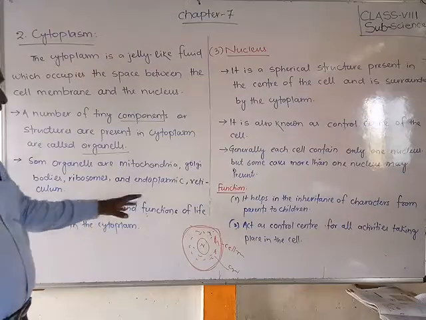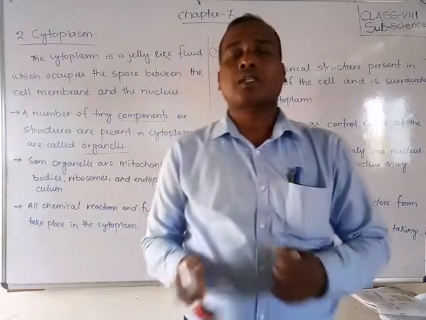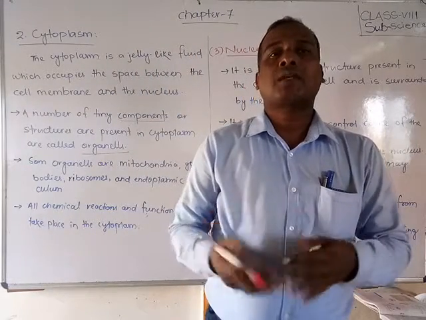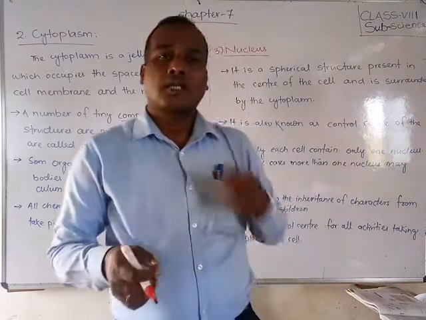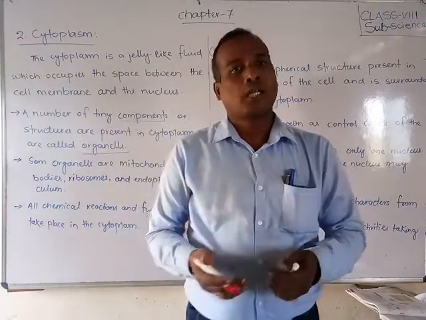All chemical reactions and functions of life take place in the cytoplasm. That means whatever functions take place in our body or in the cell, all take place in the cytoplasm of the cell, okay students.